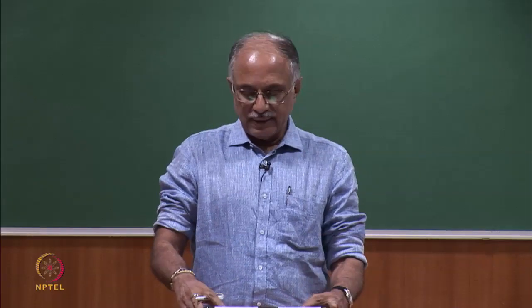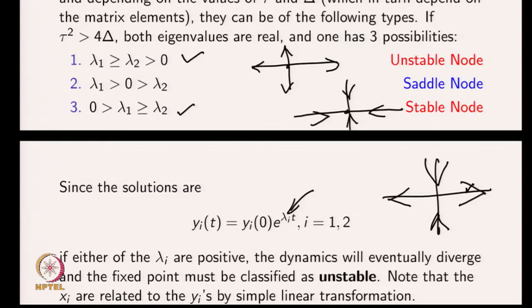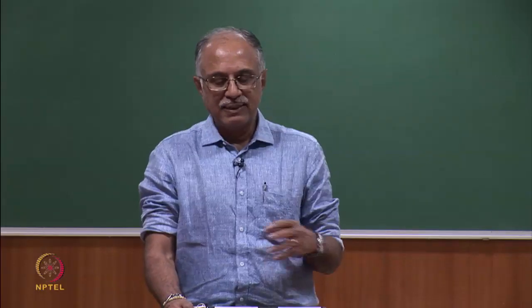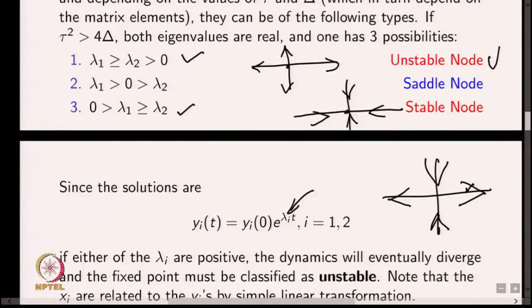Okay. So, given this particular scenario, depending on the value of tau and delta, we can have not 2 but 6 different behaviors, and these 6 can be separated out as follows. The saddle has one unstable direction and therefore it is just unstable.